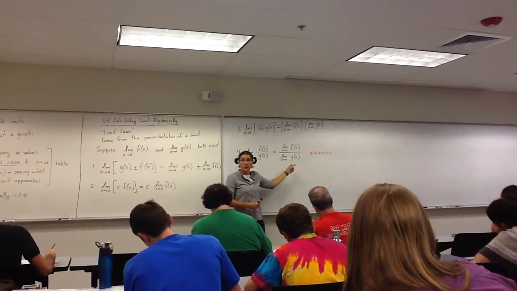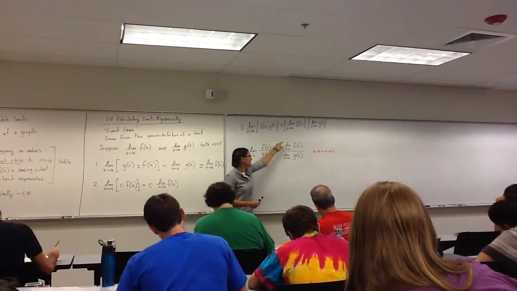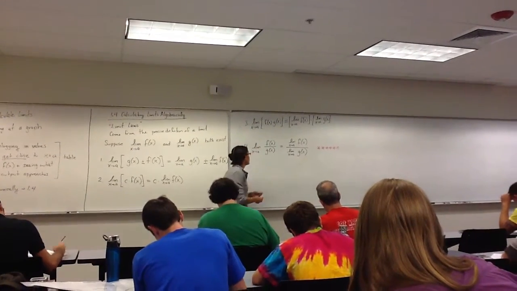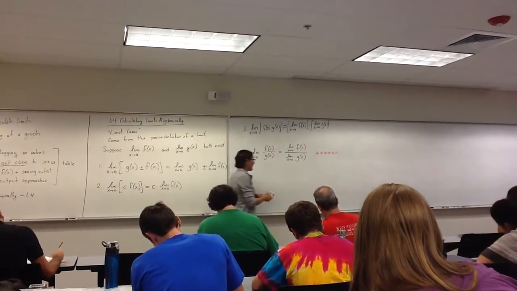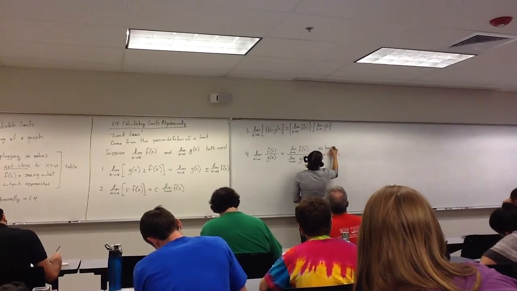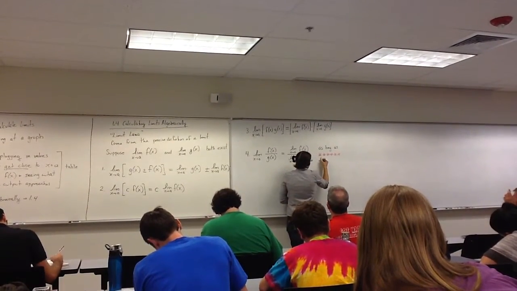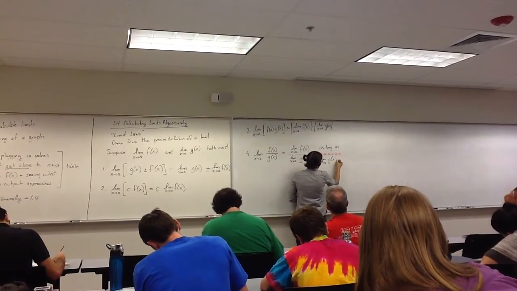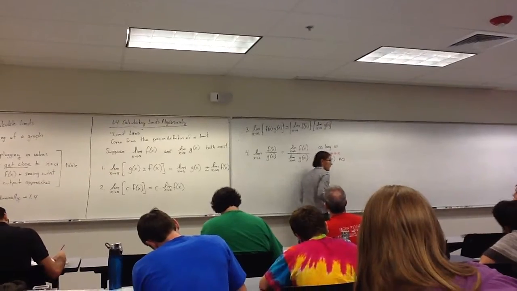If we get a 0 in the denominator after having distributed the limit symbol, all bets are off. So what the asterisks say is that number 4 is valid as long as the limit as x approaches a of g of x is not equal to 0.